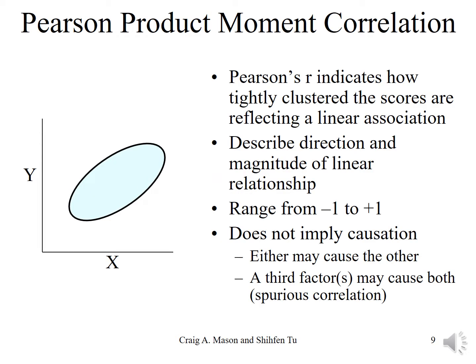The Pearson's product moment correlation, or Pearson's R, is probably the most widely used measure of the association or the correlation between 2 variables. When people talk about correlation, they're usually talking about the Pearson's R. R tells you the direction.